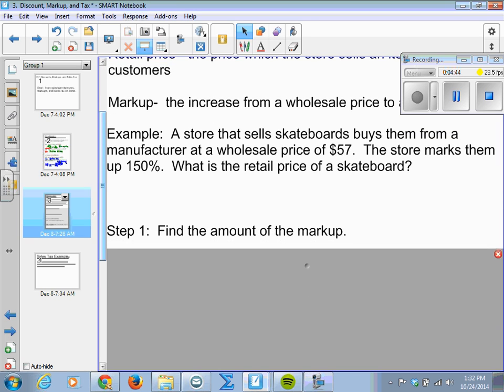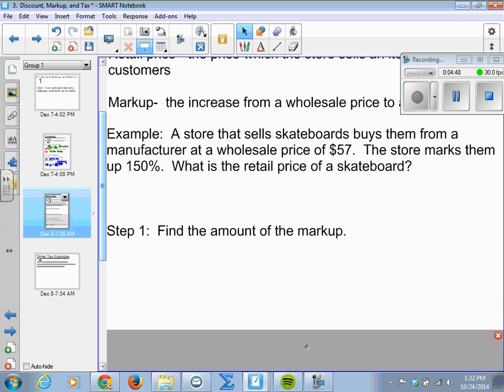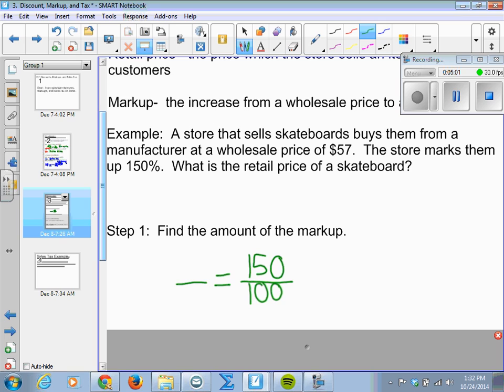So first, we're going to find the amount of our markup. And again, our proportion can be used for this. So no matter what, our percents are always out of 100, even if they're over 100, like they are in this case. Still 150, it's over 100. The wholesale price, that's the original. Put it right there, 57.